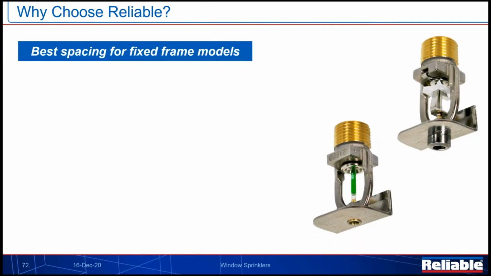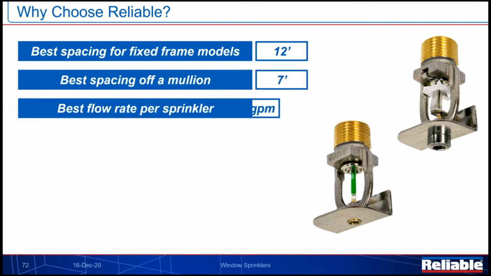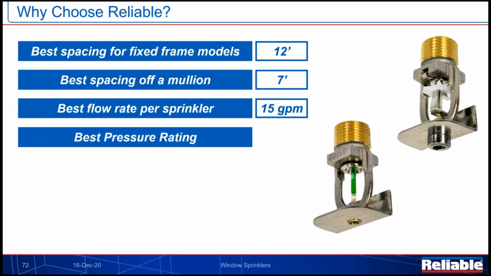So just in recap here, why would we choose Reliable window sprinklers? Well, with the fixed frame versions of our products, we offer the best spacing, up to 12 foot. We have the best spacing off of a mullion, reaching 7 foot. We have the best flow rate per sprinkler at 15 gallons a minute. And we have the best pressure rating of 250 PSI, a number that's untouched by any window sprinkler manufacturer.